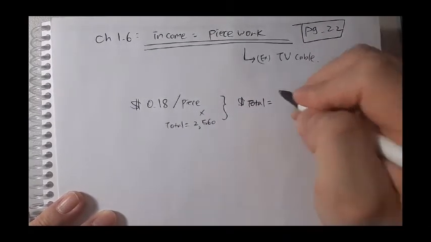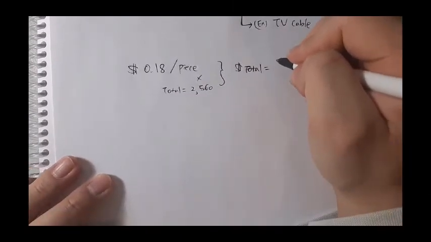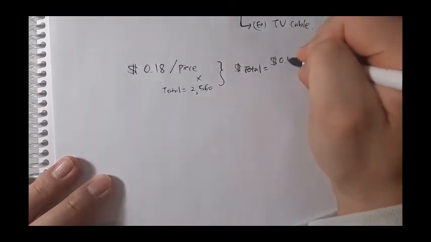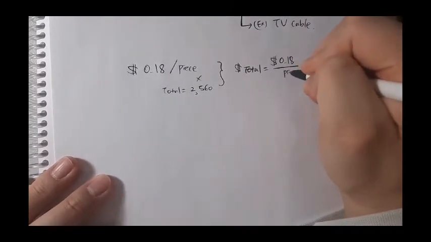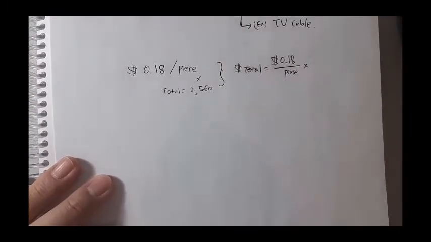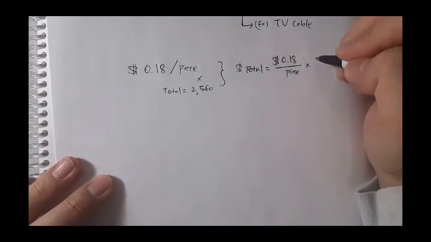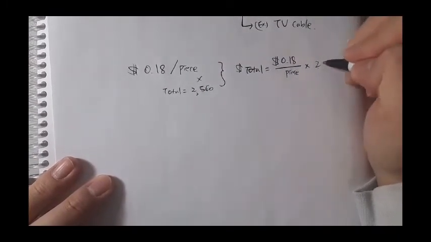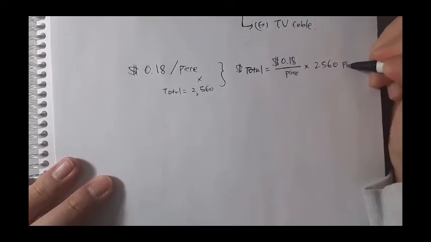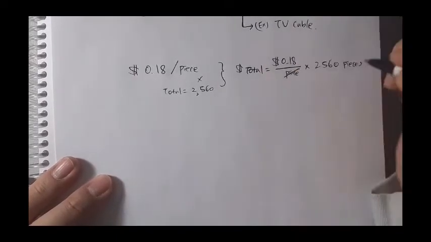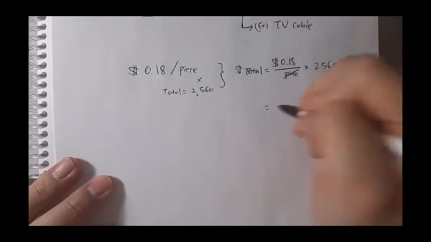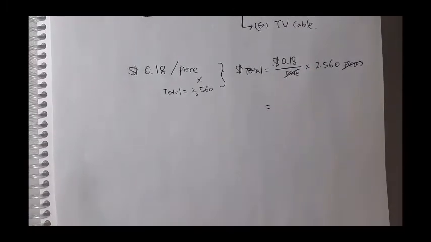If you actually think about it, it's a unit conversion situation because $0.18 over a piece, and you have total pieces. As you may know, piece and piece, if you go with the unit conversion, simply cancel each other.